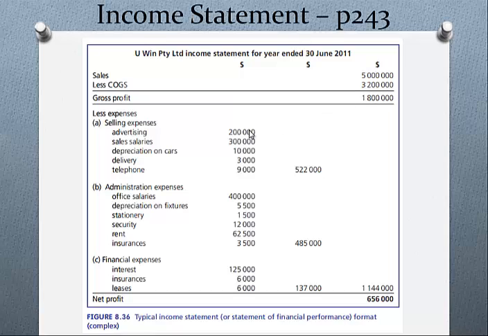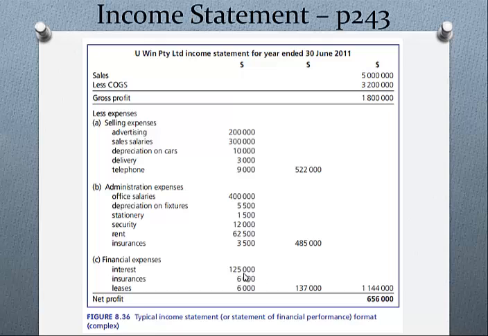From that we have three types of expenses. As selling expenses, you can see here advertising and sales salaries form the biggest part, giving a subtotal of $522,000. Admin expenses, office salaries, here you can see again salaries being a bigger proportion. They represent $485,000 as a subtotal, and the financial expenses here.